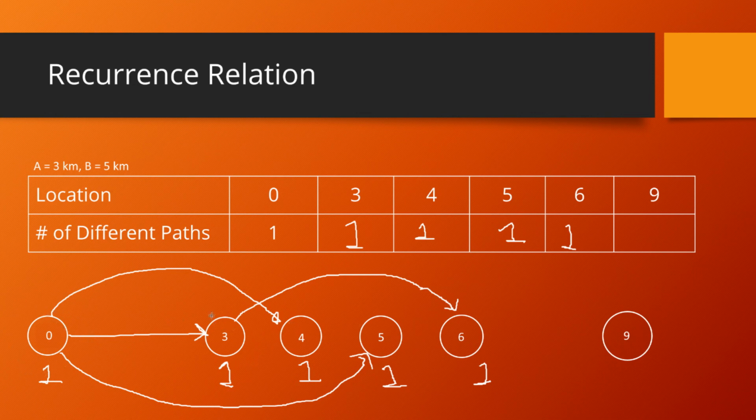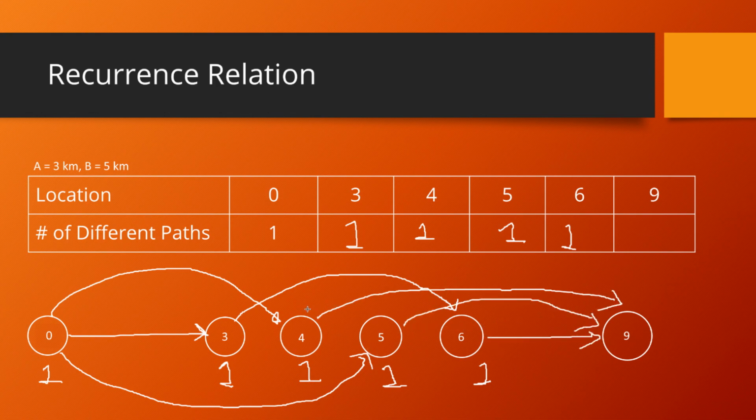At node 0 and node 3, node 9 is too far away because we can only travel a maximum of 5 kilometers per day. However, nodes 4, 5, and 6 are all close enough to get to 9 directly, because from 4 you could travel 5 kilometers to 9, and from 5 you could travel 4 kilometers to 9. From 6 you could travel 3 kilometers to 9. Therefore, all 3 of these nodes can travel to 9.